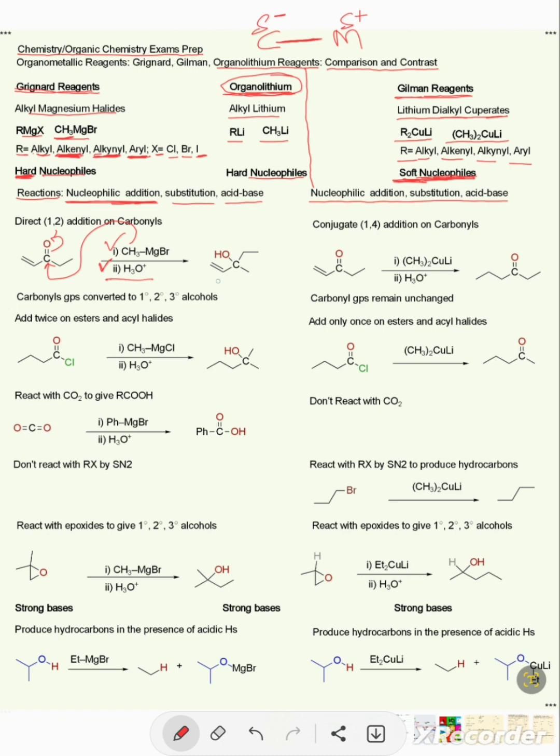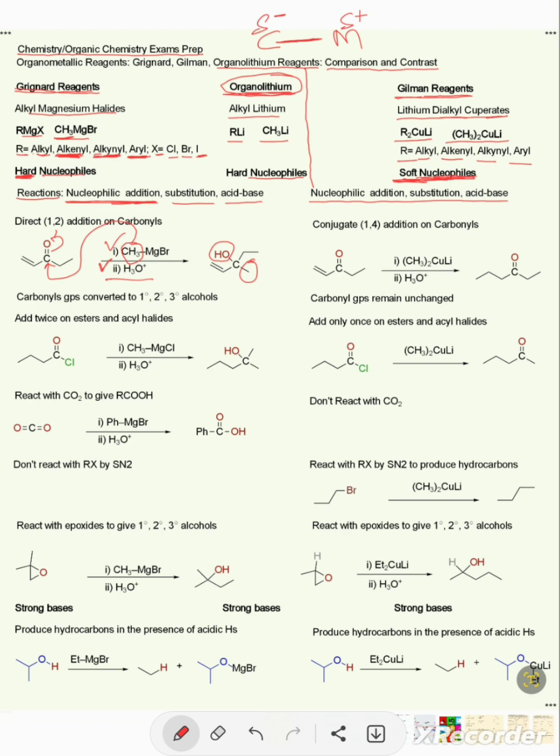After acidic workup, the carbonyl group gets converted to an alcohol group, and it is now connected with the carbon that came from the Grignard reagent, the methyl group here. So we have increased the number of carbons in this way. It's an important method to increase the carbons in a compound.